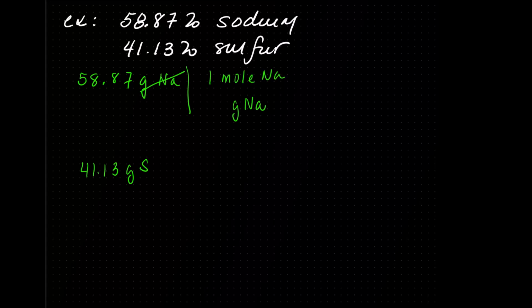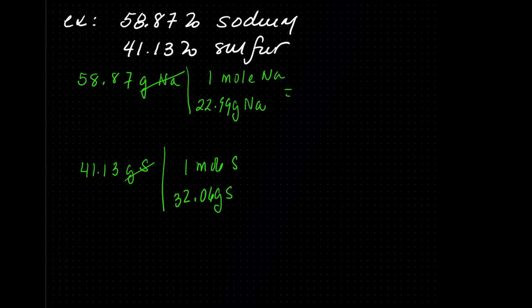We find the mass of sodium off the periodic table. It is approximately 22.99. We'll repeat the procedure for sulfur. So again, diagonals, grams of sulfur, 1 mole of sulfur off the periodic table is 32.06.